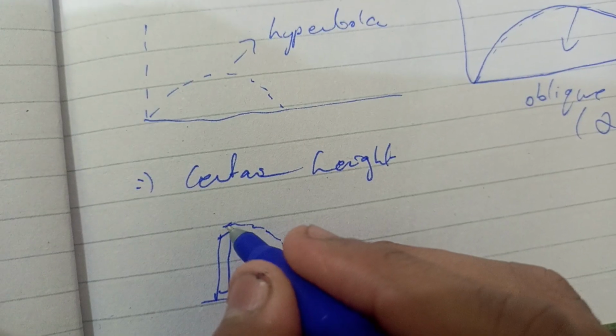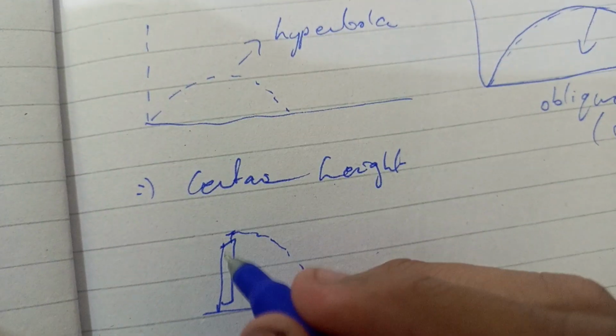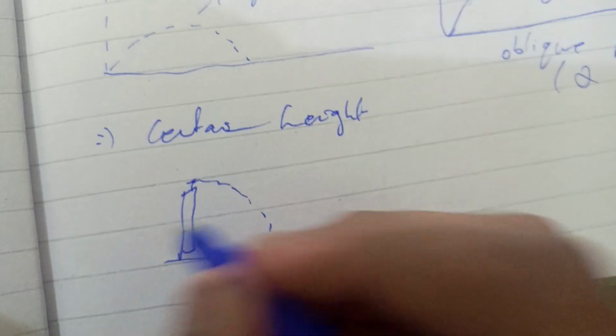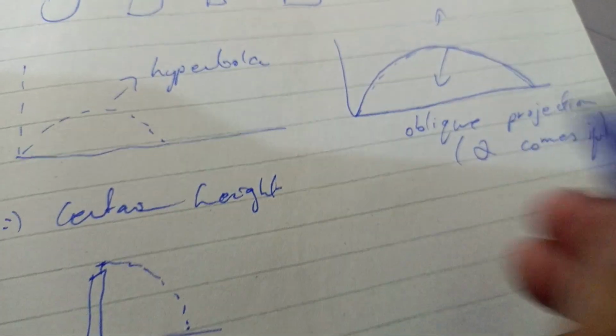Obviously not, because there isn't any angle. There is an angle, but we will not consider that because you are directly throwing in the y direction. That's why we don't call this oblique projection, but this one is definitely an oblique projection.